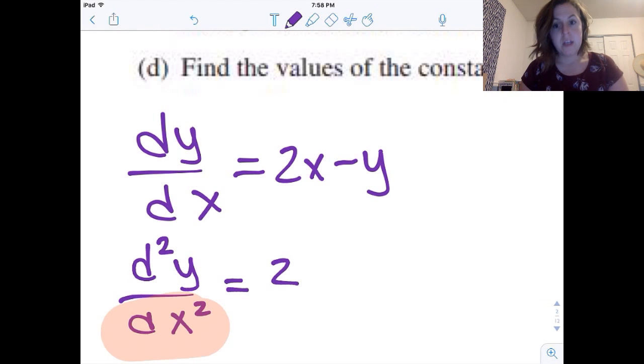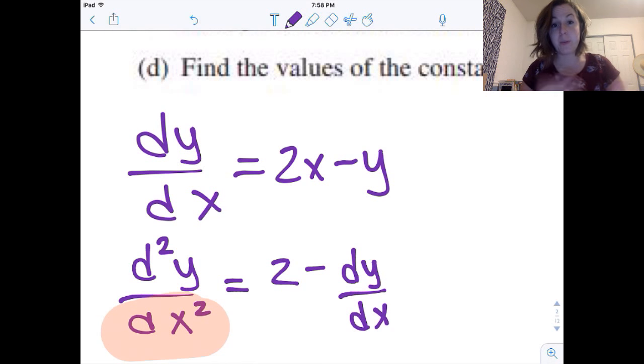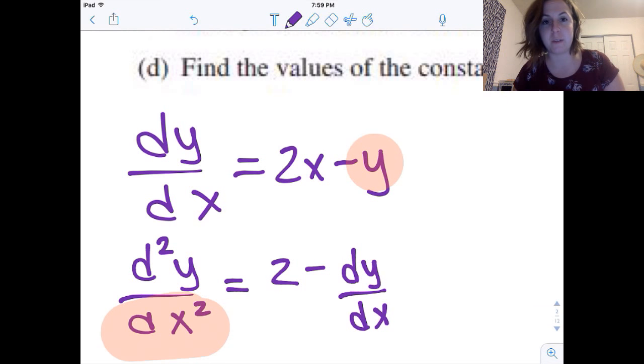Derivative of y with respect to x is dy/dx. It's like when we do related rates. Y is a function of x, so I need to take the derivative of that with respect to x. Now, that is your second derivative, but that is not the second derivative in terms of x's and y's. So I'm going to plug back into this.